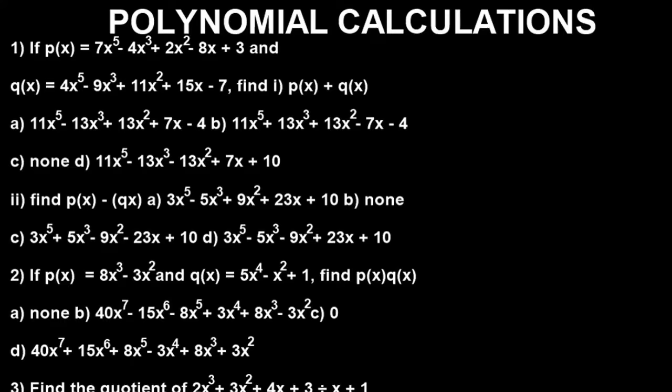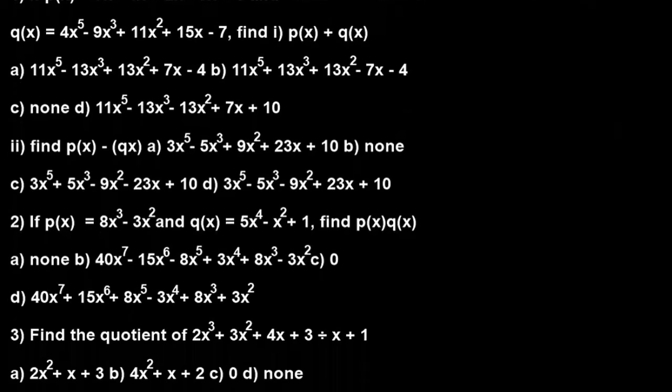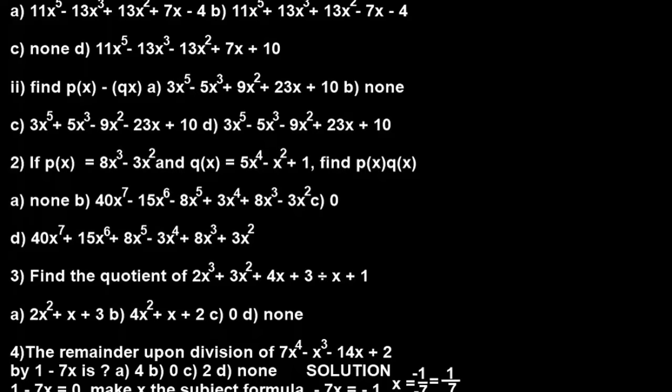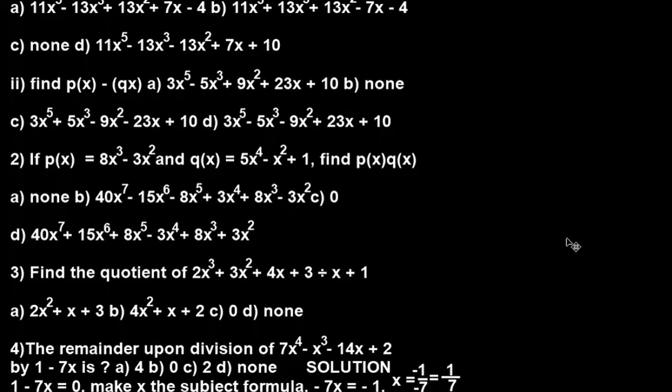So guys, ensure you stay with me till the very end of this video. Before we get the Casio calculator and dive into the details, let's quickly look at the questions we are going to solve together. As you can see, I have up to 4 questions here. You won't love to miss out on any one. The last one is the remainder upon division, the quotient of a polynomial.